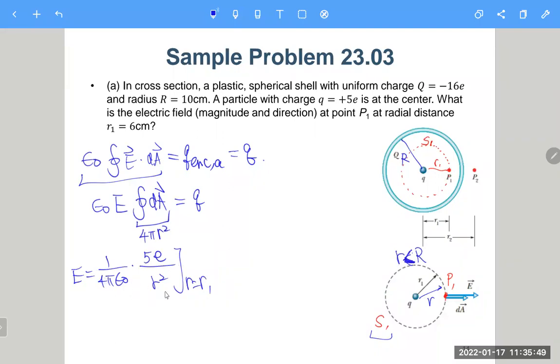But now we would like to find E at R1, so we make R equal to R1.